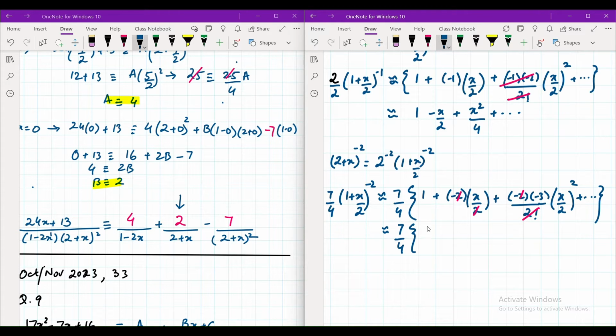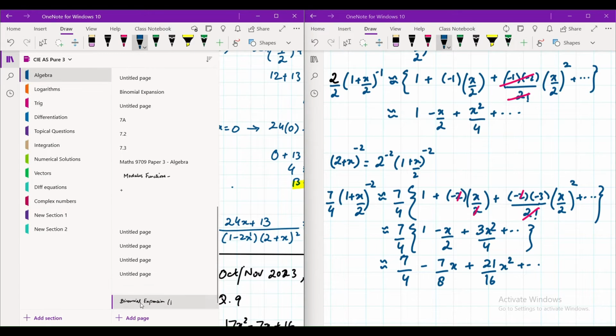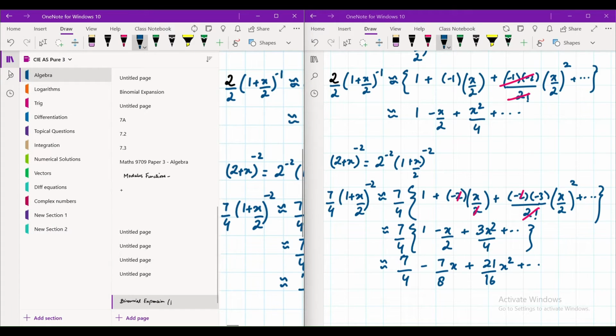So 1 minus x over 2, then minus minus becomes plus, 3x squared over 4. And when we multiply the 7 over 4 inside, we will have 7 over 4 minus 7 over 8 x plus 21 over 16 x squared. Now, let's collect all the expansions into one simple form.